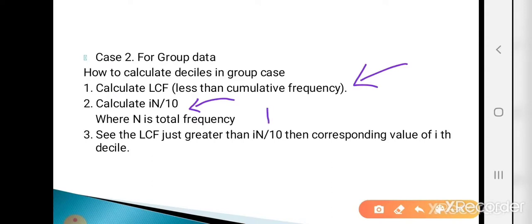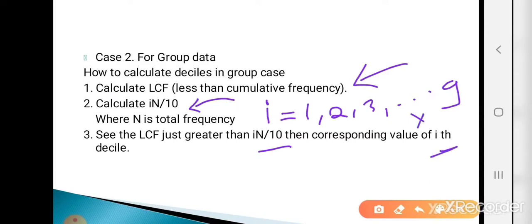And what are the values of i? The values of i are 1, 2, 3 up to 9, because there are 9 deciles which divide the data into 10 equal parts. Now the last step is to see the LCF just greater than iN divided by 10, then the corresponding value of x is the ith decile.